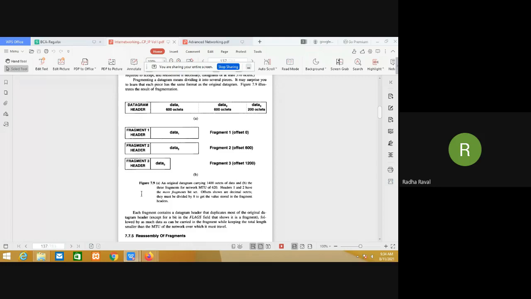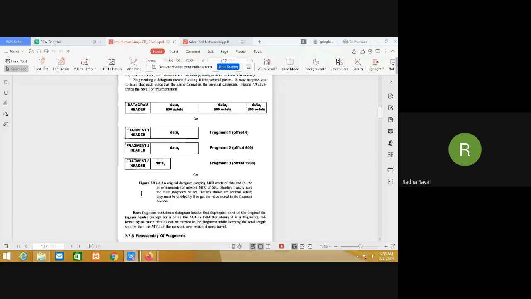So each header duplicates most of the original datagram header, followed by as much data as can be carried in the fragment while keeping the total length smaller than the MTU of the network over which it must travel. Okay, what it says is: first you divide by 8 and carry as much data as possible, whatever size is smaller than your MTU size, and the header will be the same as your datagram header.